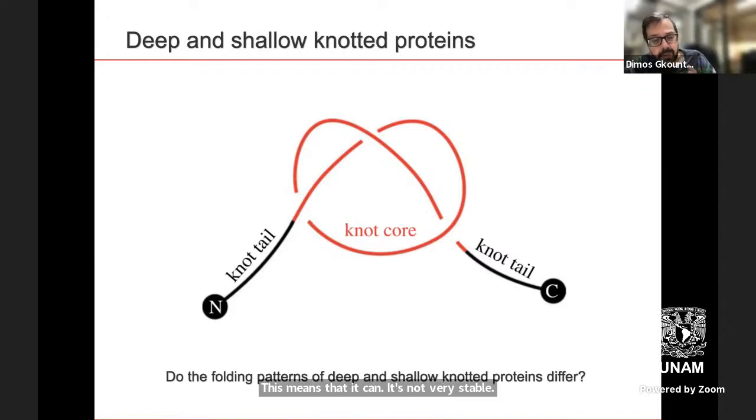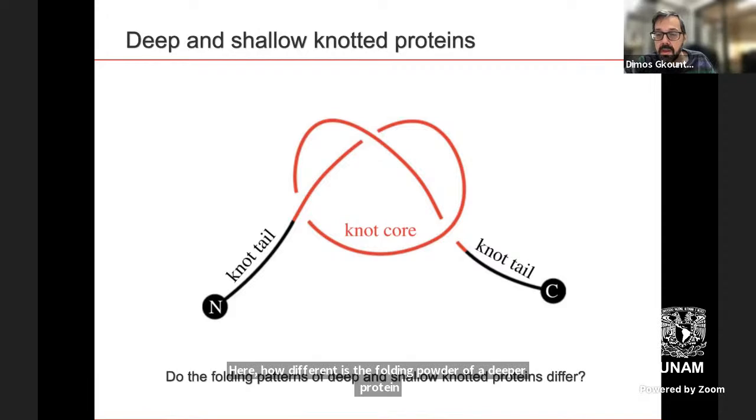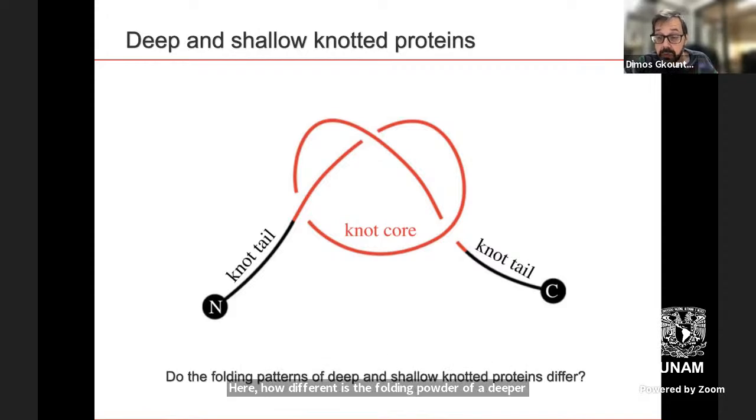So what are the different folding ways, how can we actually thread the protein, how are they different? I'm sorry, I got confused here. How different is the folding pattern of a deep knotted protein and a shallow knotted protein? And this is an interesting question to biologists.